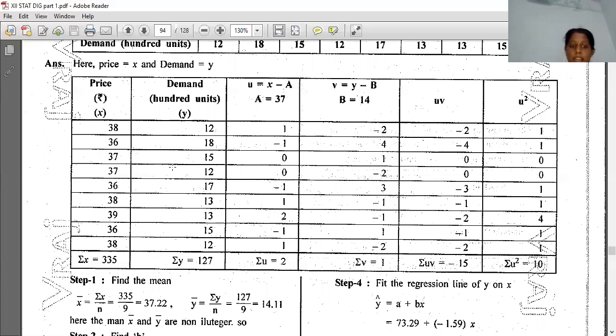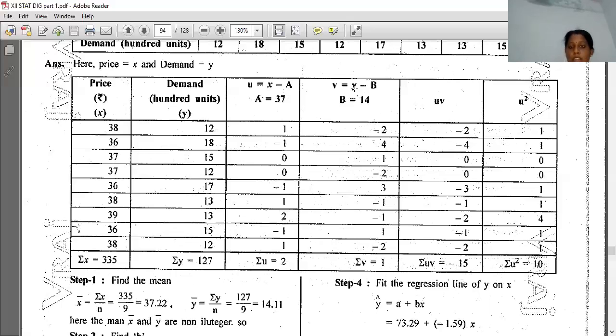So you can take any number from here, either 13 or 15, near about 14, or you can take the approximate value of 14.11. So our column is X minus A, that is X minus 37. The numbers come to 38 minus 37 is 1, 36 minus 37 is minus 1, 37 minus 37 is 0, then again 0, minus 1. Like this, the U column is found, and the total sigma U is 2.